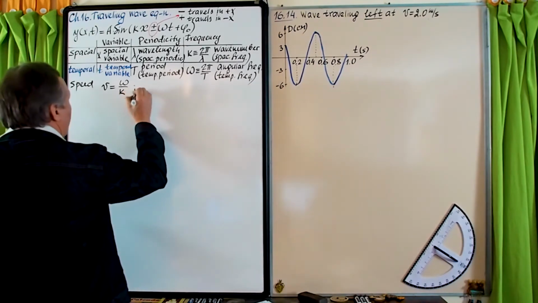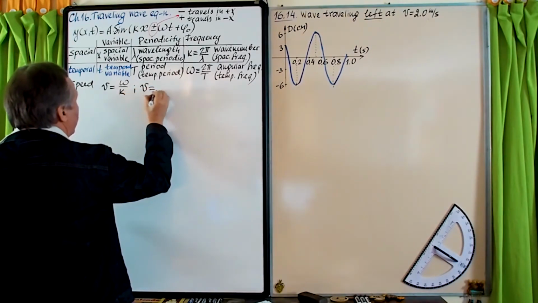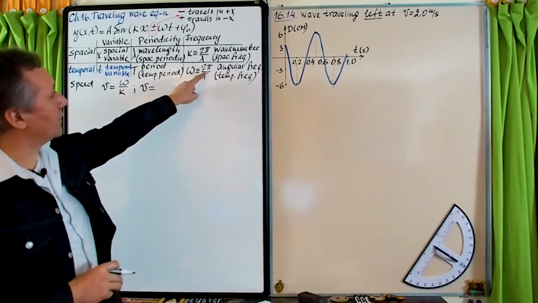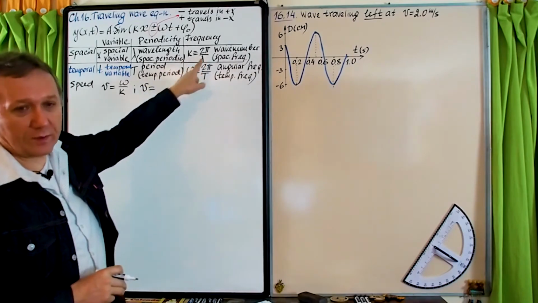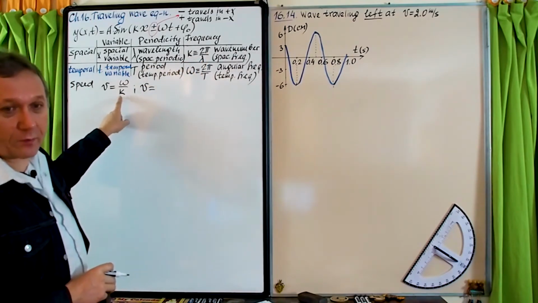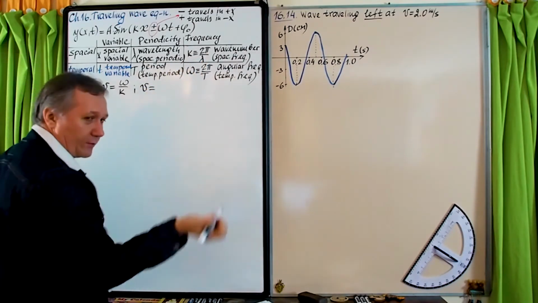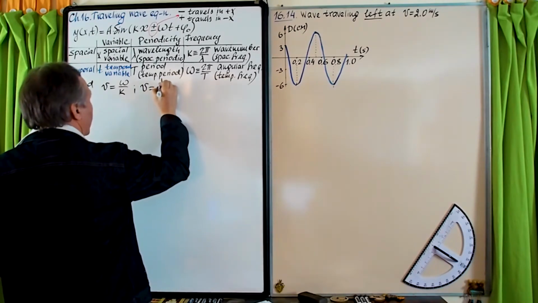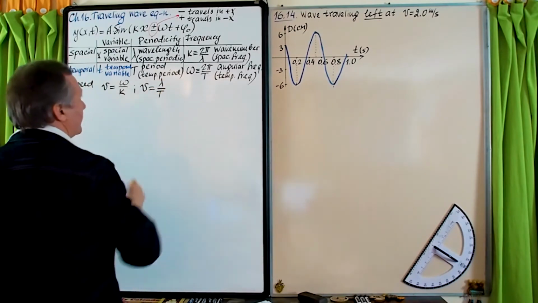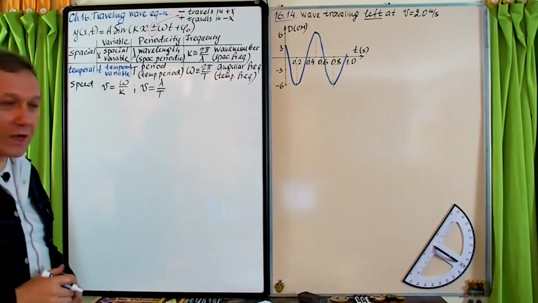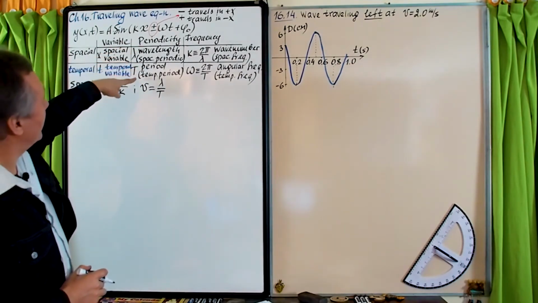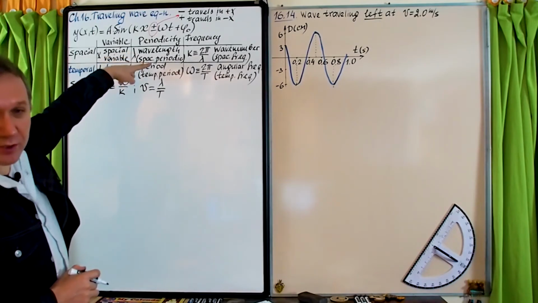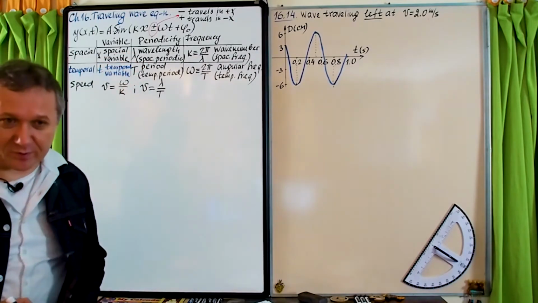Then there is another way of finding v, because omega is 2 pi over T if you plug it here, and k is 2 pi over lambda if you plug it there. Of course, 2 pi will be cancelled, and you will get lambda over T. So now you are mixing these periodicities. So wavelength, spatial periodicity, divided by temporal periodicity.